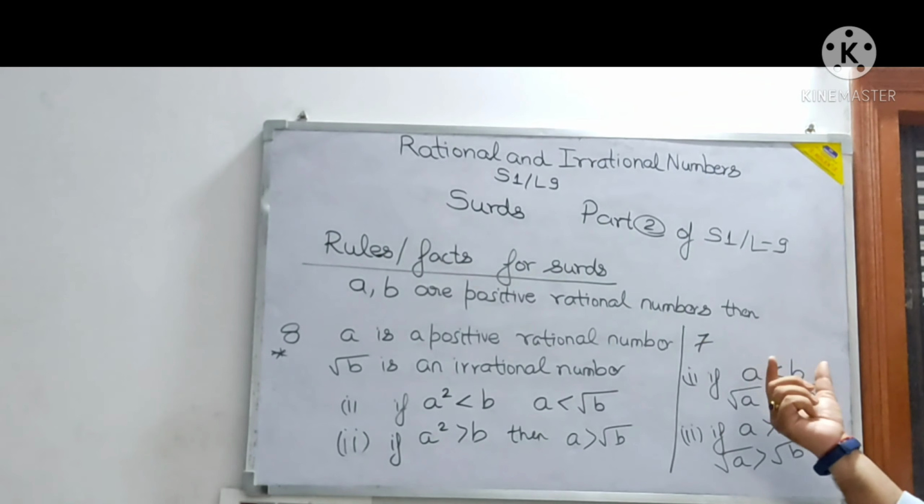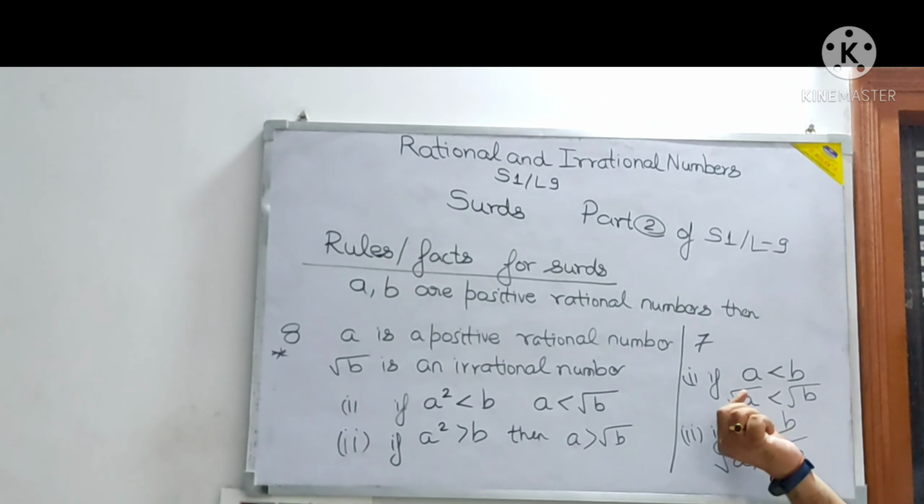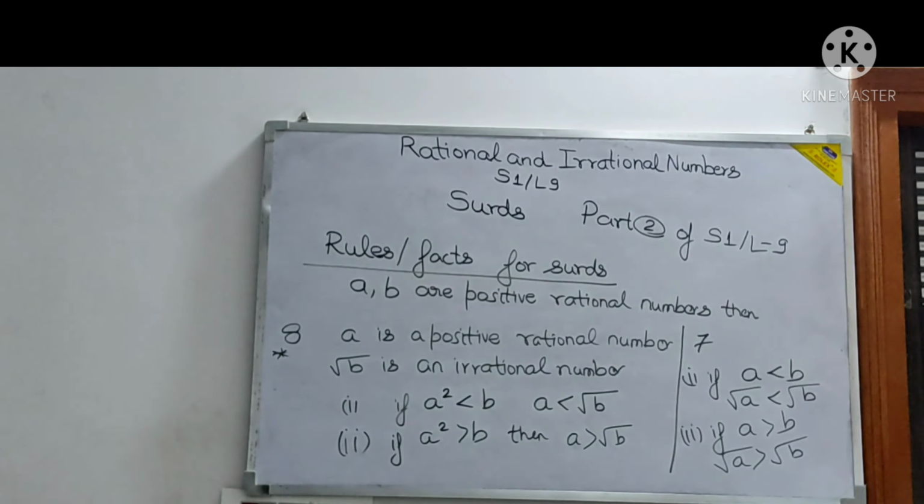That means if rational numbers have an inequality, their surds also will have the same inequality. That point must be clear to you now. These are all the rules regarding the rational numbers.